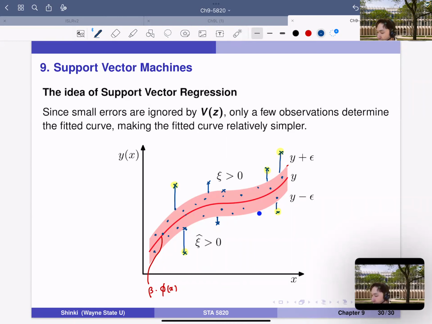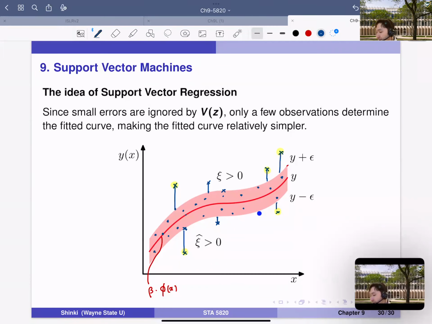So the optimal parameter is not affected by the points within the tube, but it is affected by the points outside of the tube. So that is the idea.